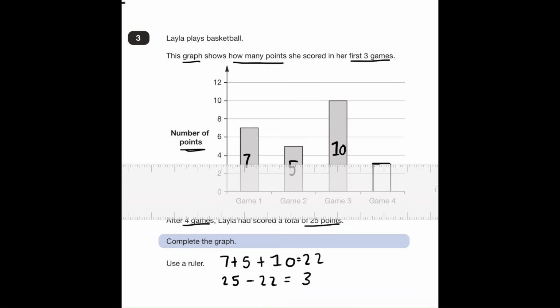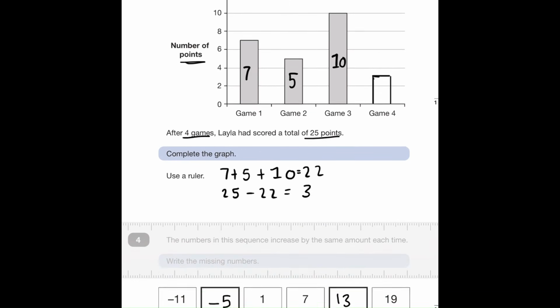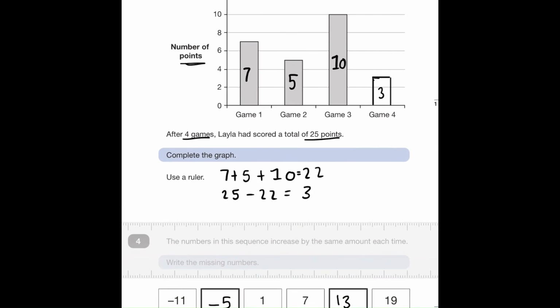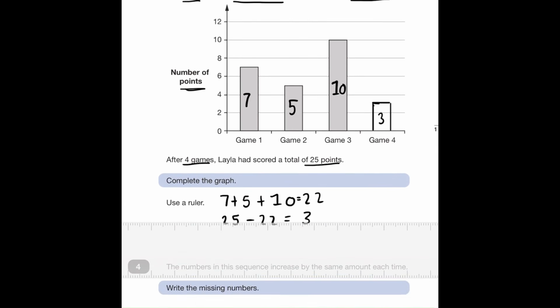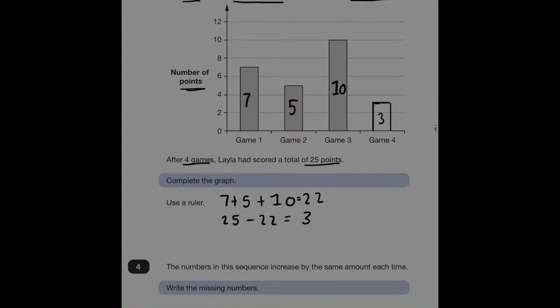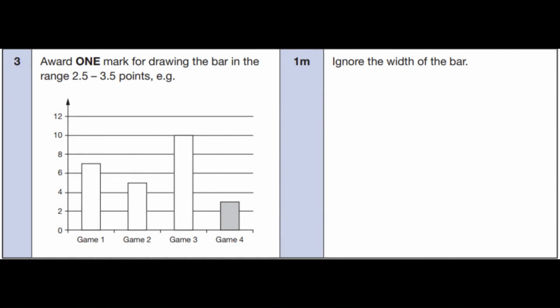There we go. That's halfway between 2 and 4, as she scored 3 points. This is the mark scheme for that question. You're allowed a range of 2.5 to 3.5, and the width of the bar doesn't matter.